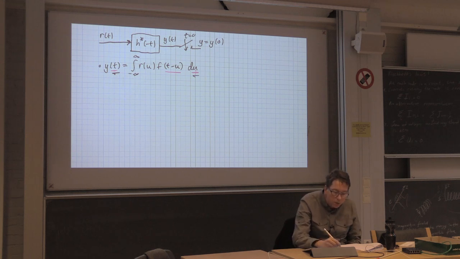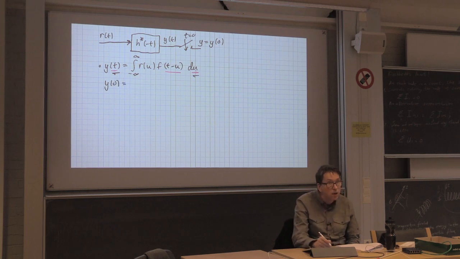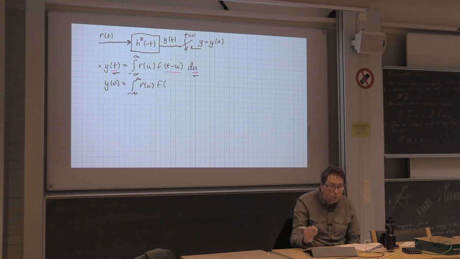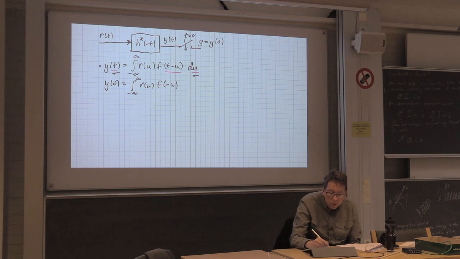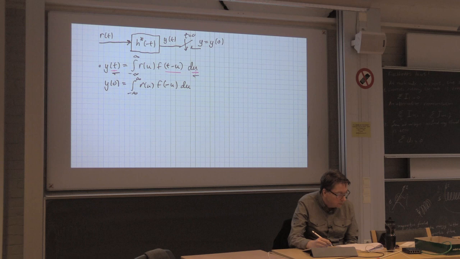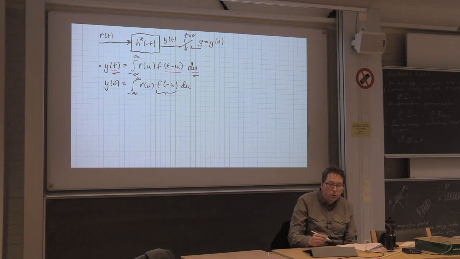Now, we would like to compute here y of 0, which means that we can put t equals 0 in the right-hand side, which means that we have an integral from minus infinity to infinity, and then we put in t equals 0 here, and then we get f of minus u. So what do we know about f of minus u?